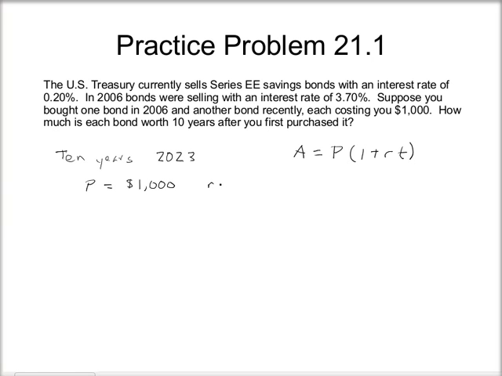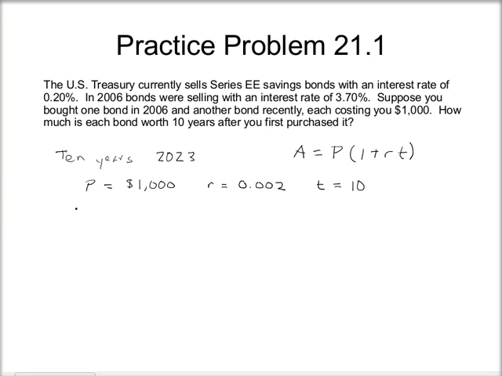The interest rate R is 0.20%, so if I change that to a decimal, that's going to be 0.002. And the amount of time I have the savings bond for is 10 years.